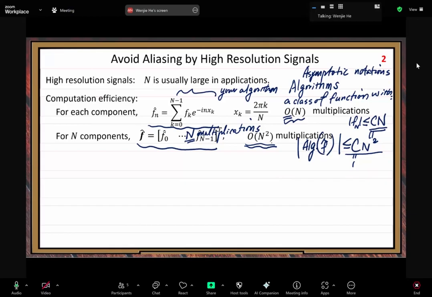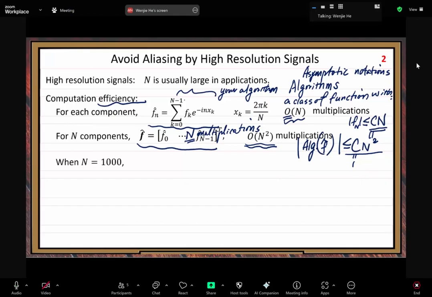Too large. So you want to reduce this, improve the efficiency. This big O notation we call efficiency. You want to improve the efficiency of this algorithm as much as you can. All right, so let's do the improvement.